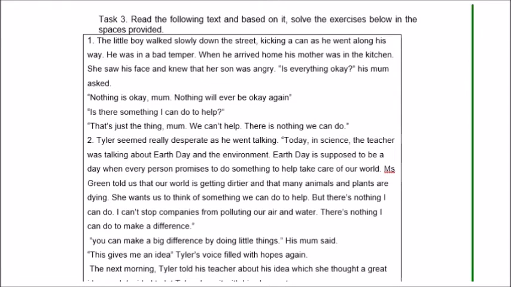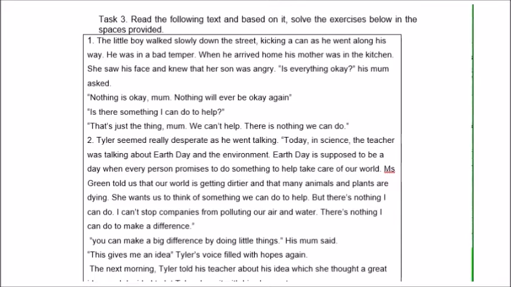"Today in science, the teacher was talking about Earth Day and the environment. Earth Day is supposed to be a day when every person promises to do something to help take care of our world. Mrs. Green told us that our world is getting dirtier and that many animals and plants are dying.